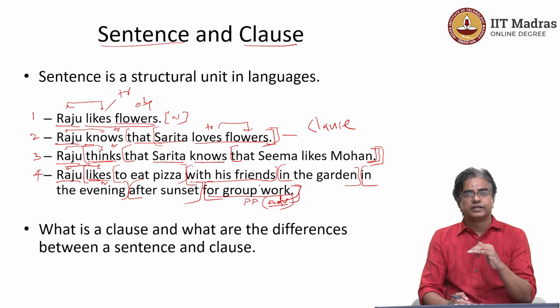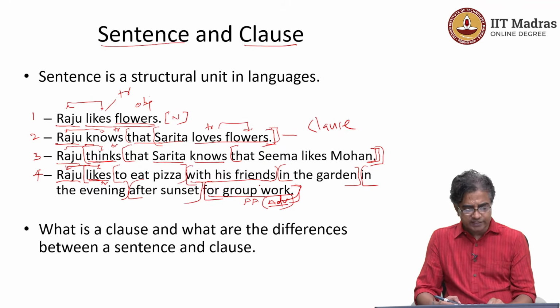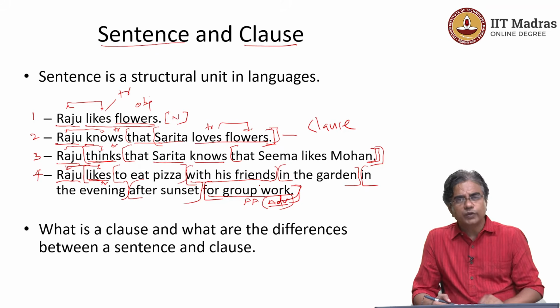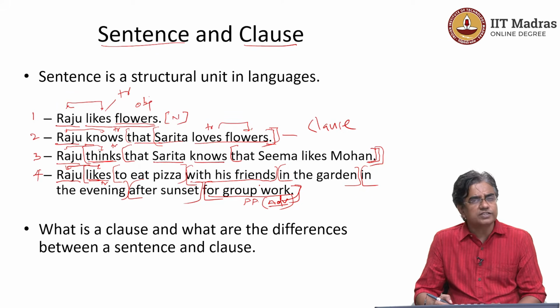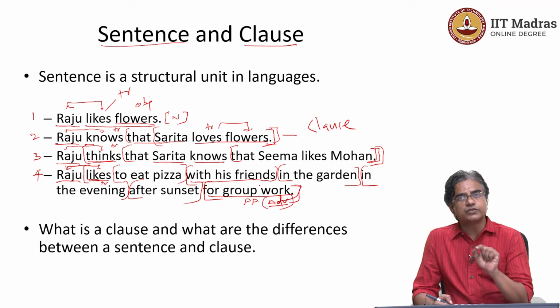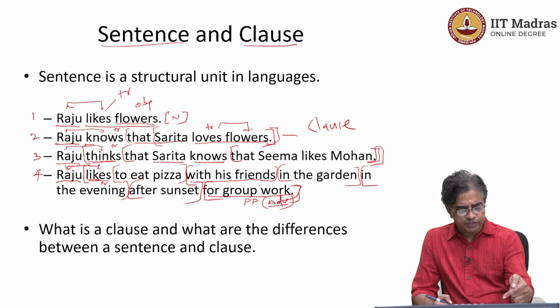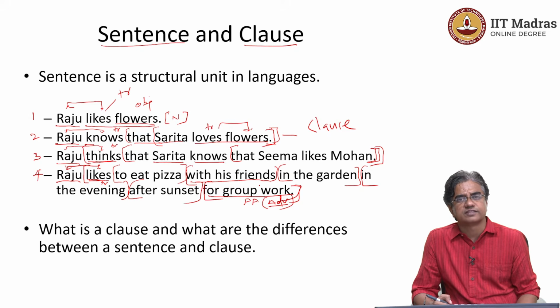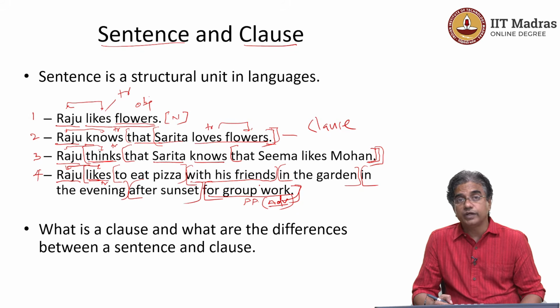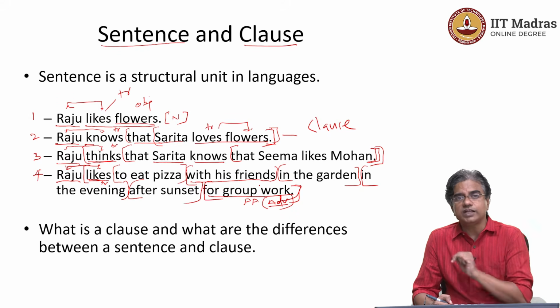That's one part. The second part where I want your attention is the object. What does Raju like? If we say Raju likes pizza, it's a real example of a simple sentence, like the first one, Raju likes flowers. But here the object is, he likes to eat pizza.